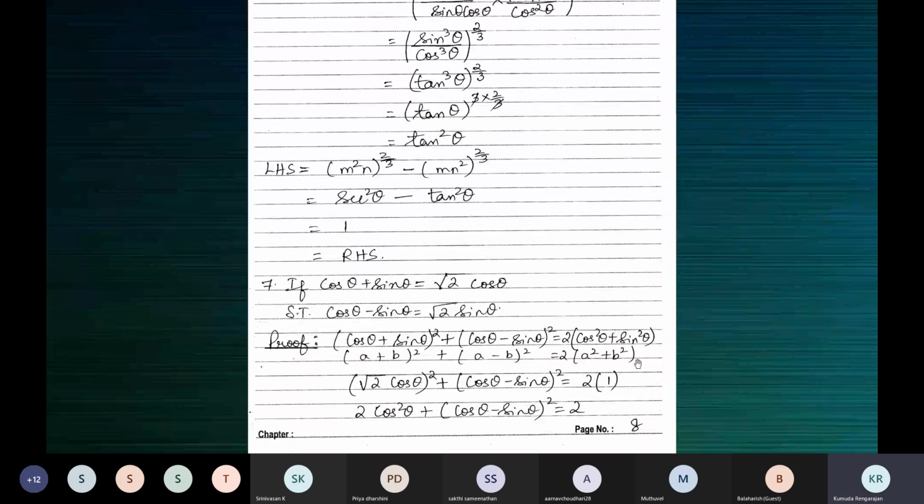We write out this identity and we substitute A with cos theta and B with sin theta. And then cos theta plus sin theta is given to us as root 2 cos theta. Write cos theta minus sin theta as it is, and this one by the identity is 1. Now take this to the other side because we have to find cos theta minus sin theta.